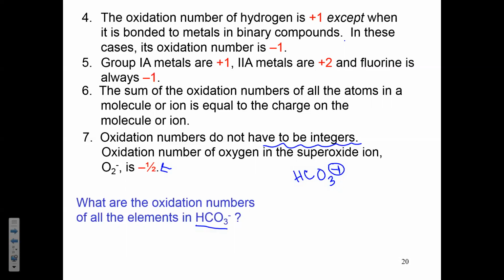What I like to do is go under each element and draw a circle. In this one, I have hydrogen, carbon, and oxygen, and I drew a circle under each one, so I know I have 3 elements. Then under that, I like to draw a square.